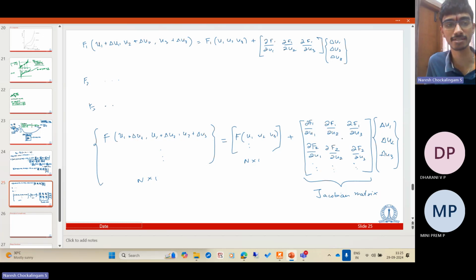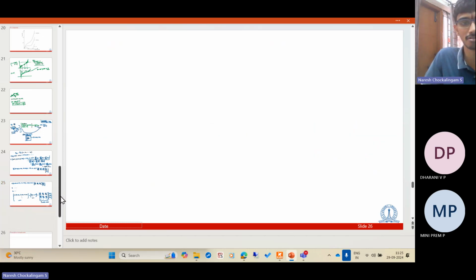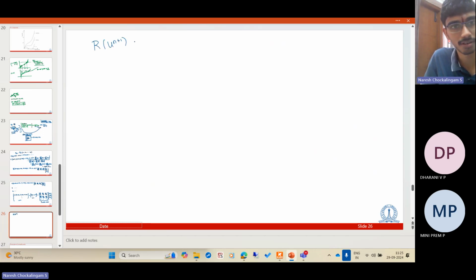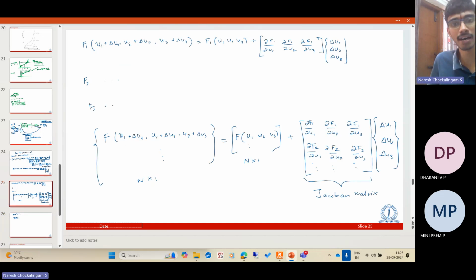It's a Jacobian matrix. So in the multi-degree of freedom system, you want to set this equal to 0. So the idea will be you want to set R of un plus 1 to go to 0. So you will say R of un plus, in matrix vector form. Now R is what? R is this minus this, right?